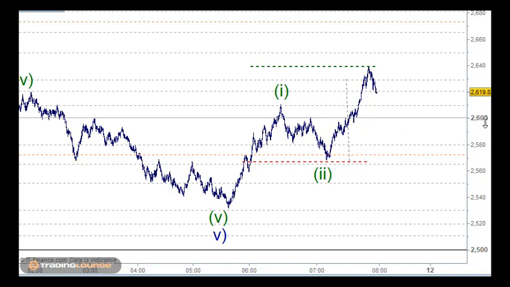So when you're looking at a whole number here, then it's always important to go down one degree of structure. So we come into the sub levels here, so 10, 20 and 30. And then below here we've got 80, 72 and 65. So that's normally the range a correction will swing in before it breaks out.